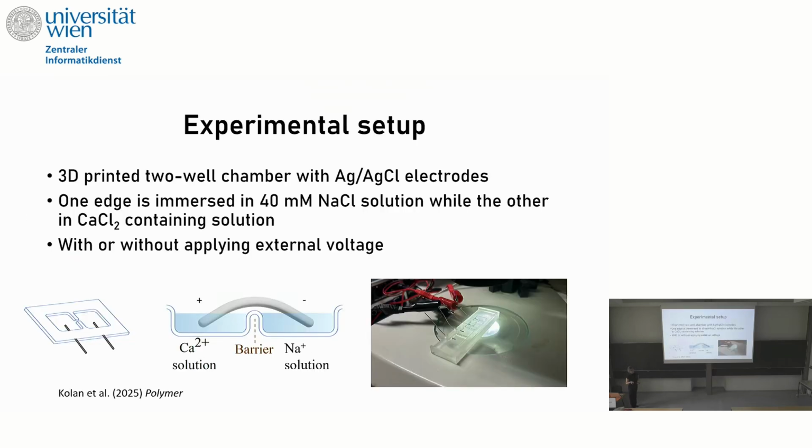This is what the experimental setup we used looks like. We used a 3D printed two-well chamber. Actually, it's a 4-well chamber, but this was for our convenience. It was equipped with reversible chloride electrodes, where one edge was immersed in a sodium chloride 40 millimolar solution, and the second edge was immersed in calcium-containing solution.